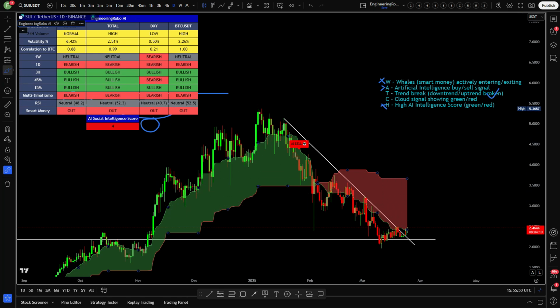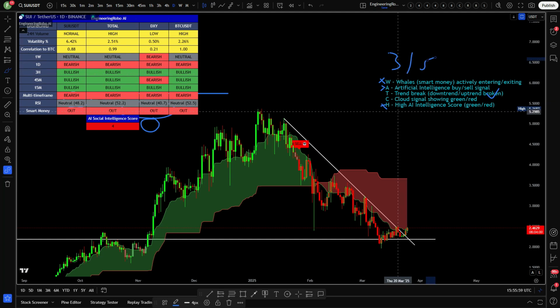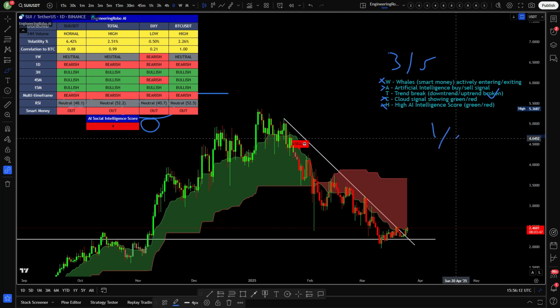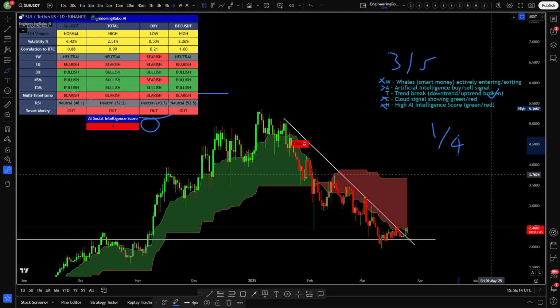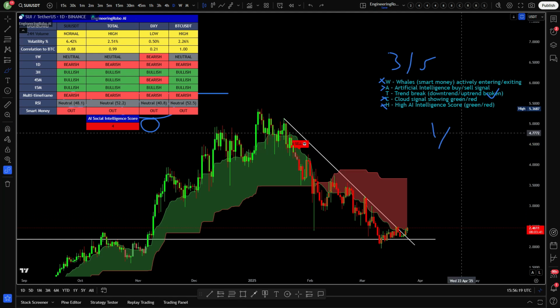However, we do look for 3 out of 5 signals. Whichever 3 it would be, that would give us good confluence and confidence to enter a trade. At the moment, the cloud signal is also red on the daily time frame. So for us right now on the daily time frame, we have only got 1 out of 5 signals to be true.